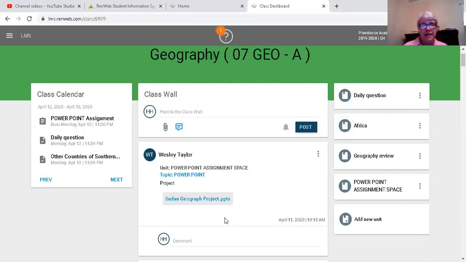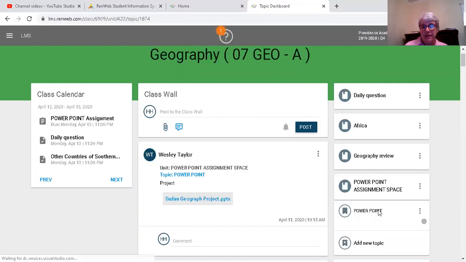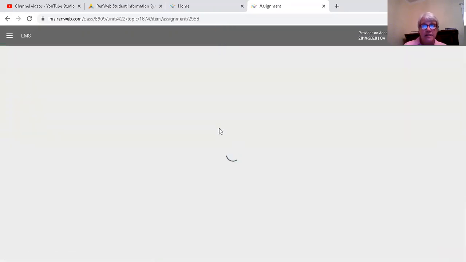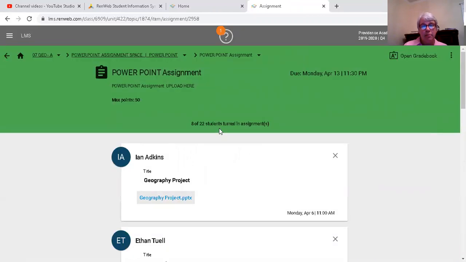So Wesley went to the PowerPoint space and the PowerPoint topic, and then on the topic wall, he uploaded his Sudan PowerPoint. But over here in the middle is the actual assignment. So for those of you who haven't turned in your PowerPoint, I actually want you to click on the assignment and upload it there.